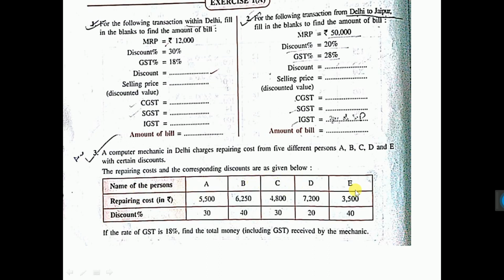So persons A, B, C, D, E, repairing cost this, and discount percent, each with a separate discount percent. Here 30%, here 40%, here 30%, here 20%, here 40%. If the rate of GST is 18%, find the total money including GST received by the mechanic. So what amount the mechanic received, that we have to calculate. So you see the sum.